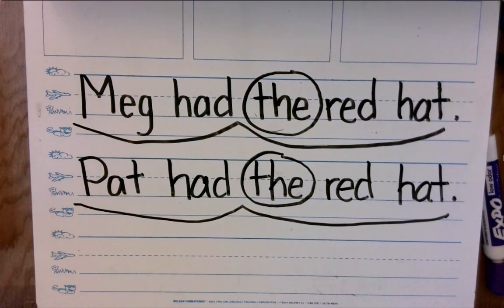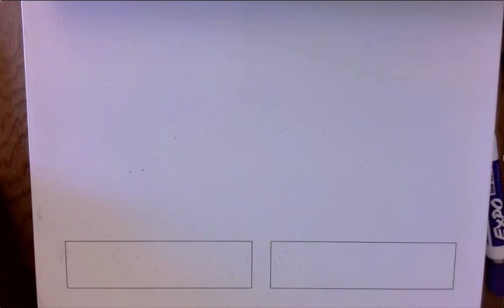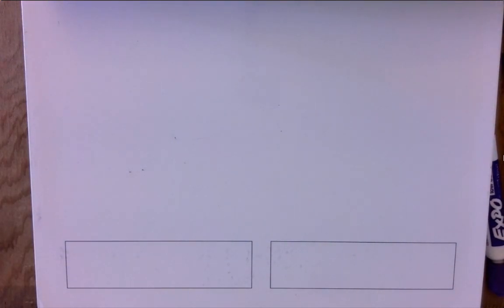Last, I want to go over all our trick words that we know so far. Okay? Now, since we are in a new unit, I'm going to be moving a little bit quicker. I'm going to be moving quickly through these trick words. So we're going to read them and then we're going to move on.